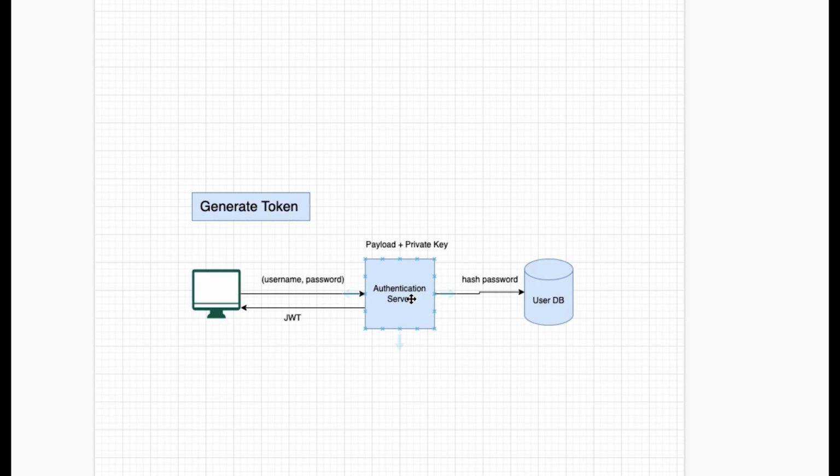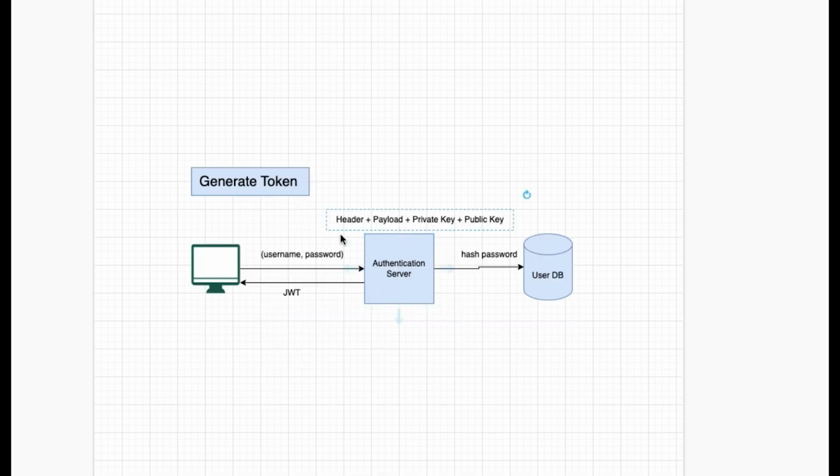If the hashes are equal, the authentication server then generates a JSON Web Token. The authentication server uses header, payload, and private key plus public key to generate a secure JSON Web Token and gives it back to the client.